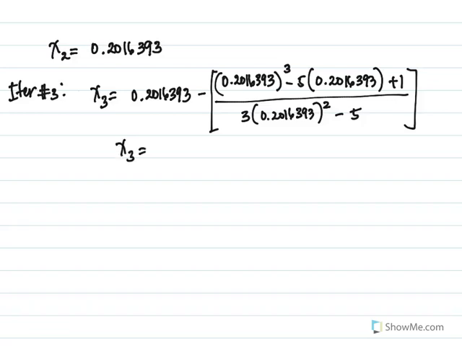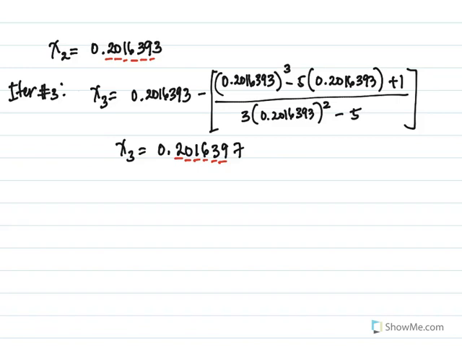We obtain here x3 equals 0.2016397. So if you compare now, 1, 2, 3, 4, 5, 6, 1, 2, 3, 4, 5, 6. Dun sa first 6 decimal places, parehas na sila nung previous.